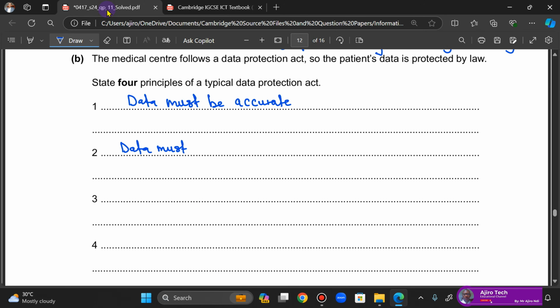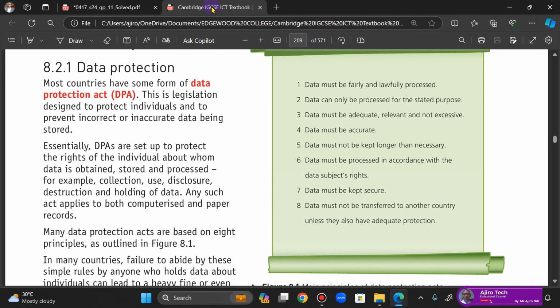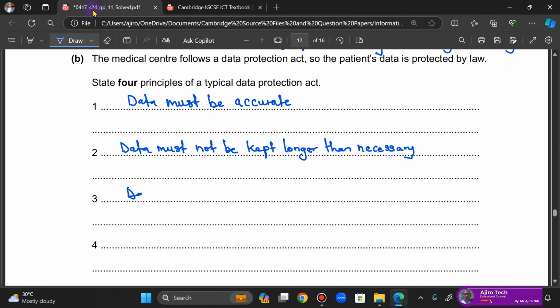Data must not be kept longer than necessary. Data must be processed in accordance, or data must be kept secure. Looking for the short ones. Data must be kept secure.